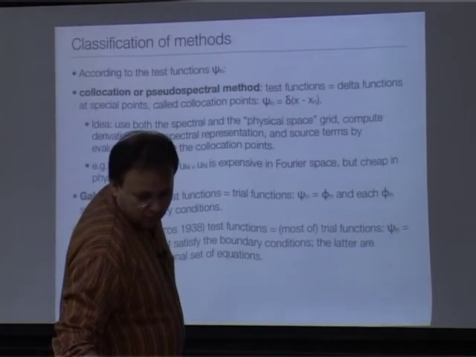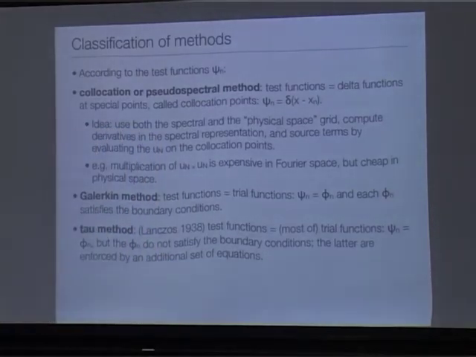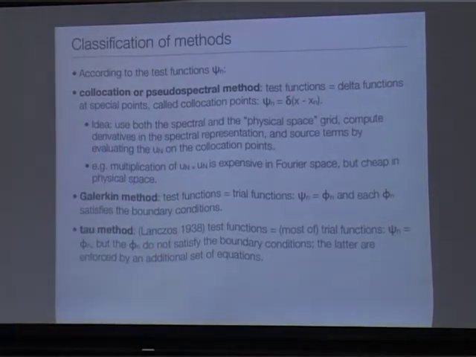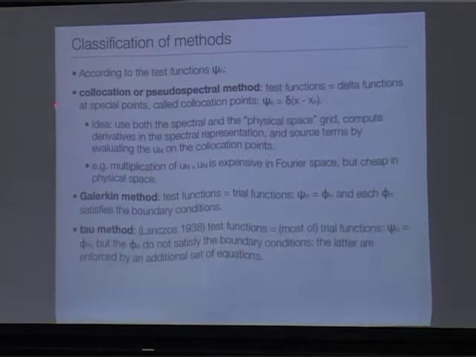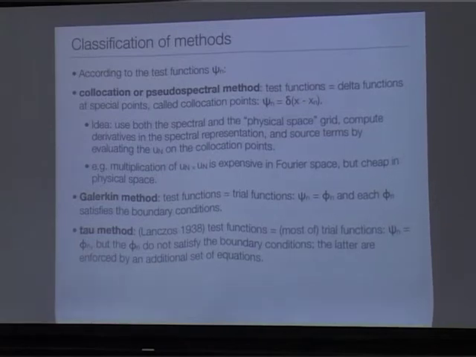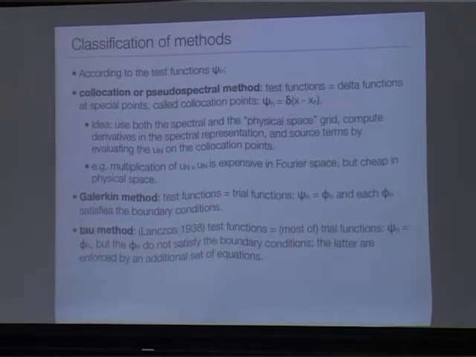All right. Then, there are some different classifications of these spectral methods, and these differ by what you choose for your test function. The method most widely used for the problems that we consider is the so-called collocation method or pseudo-spectral method, where your test functions are actually delta functions. So delta functions at your grid points, which are also called the collocation points.